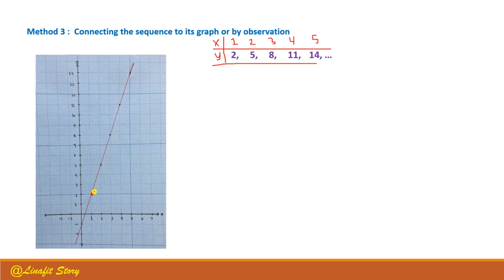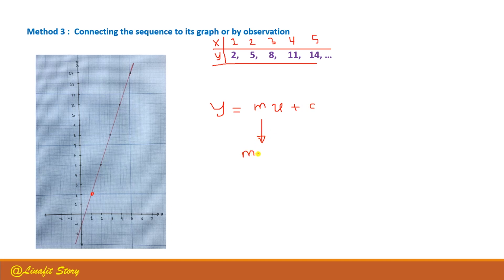Draw a straight line and extend until you find the y-intercept. Y-intercept means the value of y when x is 0. Y is equal to mx plus c. We will find the gradient.